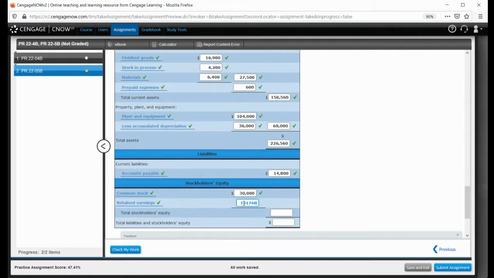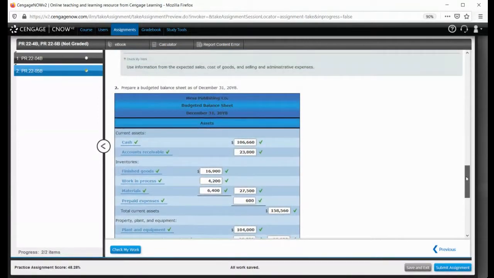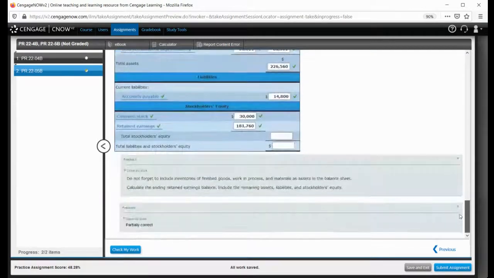For your homework problem, I have given you that in a previous announcement on Blackboard. So go back and look at the announcements to get your retained earnings figure. And I don't know if I gave you the common stock figure or not, but that's the one that is just given. But I did give you the cash amount. So go back and look at your previous announcements for that.